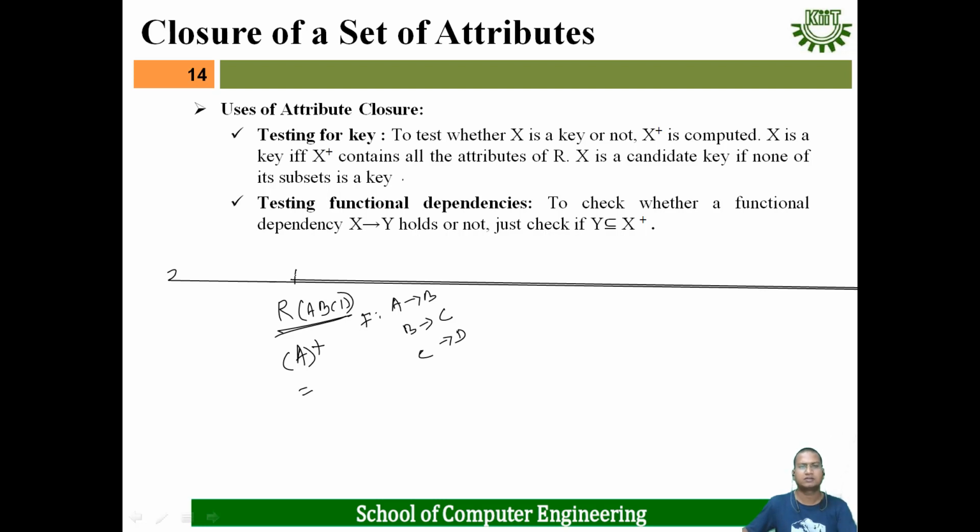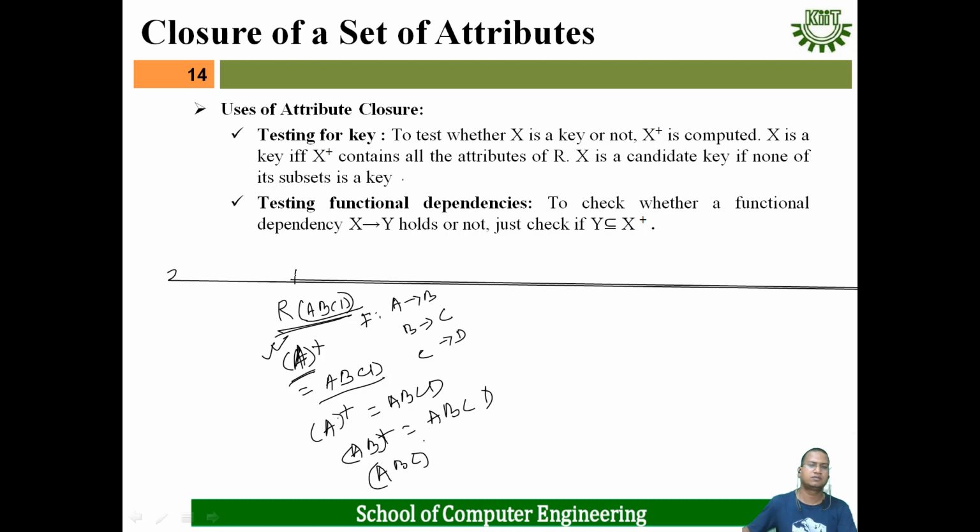If A closure functionally determines all the attributes of the relation, that means A, B, C, D, then we can say A is a key. Then how do we find out the candidate key? If this is the minimal one, that means suppose A closure is determining ABCD and AB closure is determining ABCD.